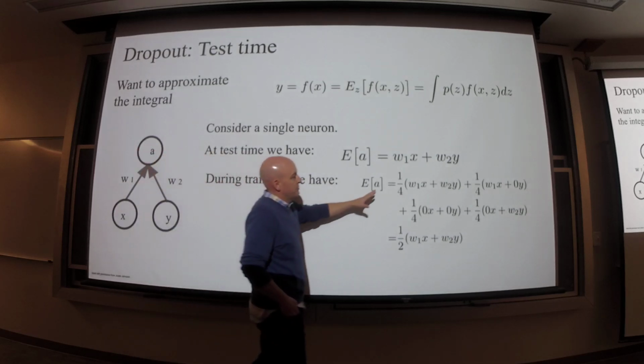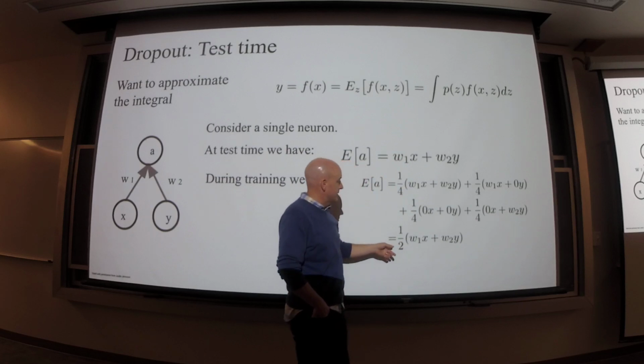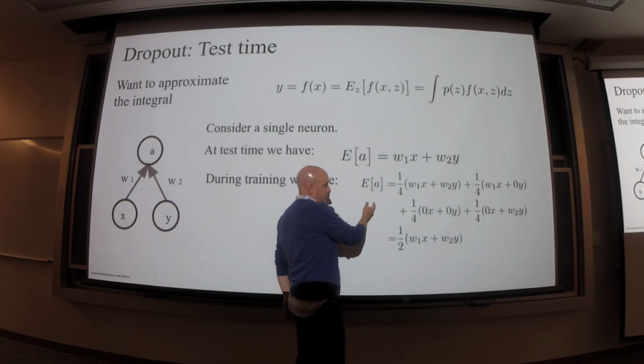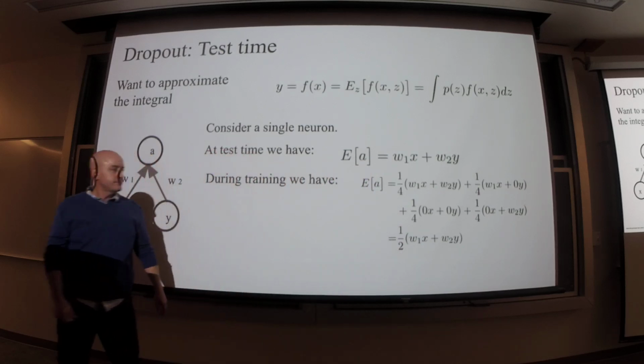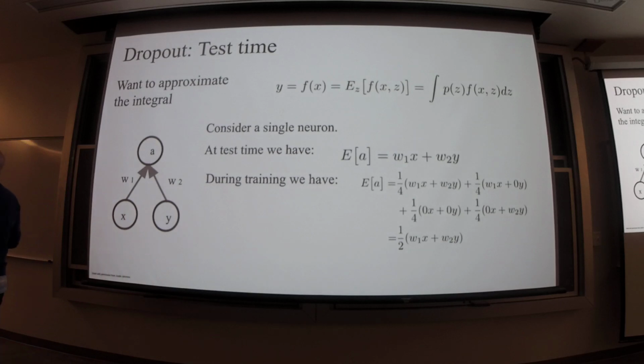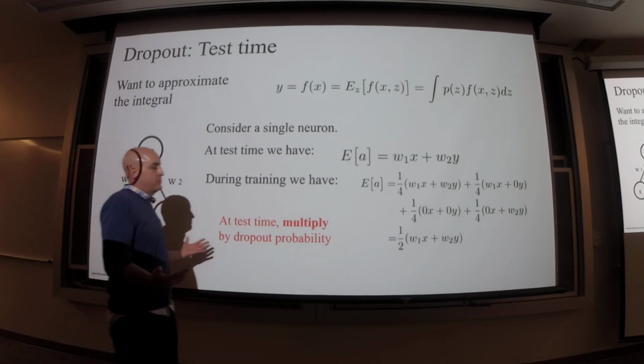So if you just do the simple math in this linear case, what you see is that during training time, the expected output looks like the test output, except it's multiplied by 1/2. So these differ by 1/2. So actually, at test time, when we're doing dropout, we want to multiply, and notice that 1/2 corresponds to the probability of dropping something out.